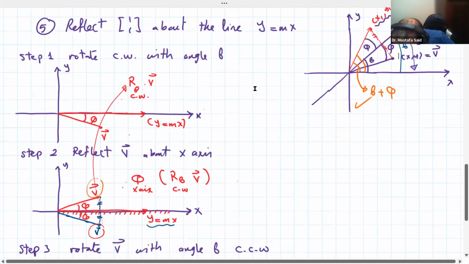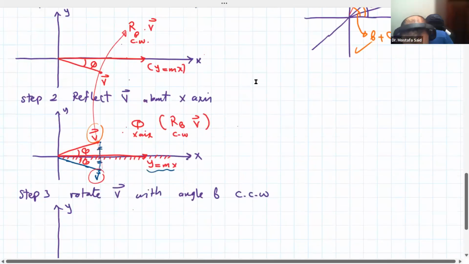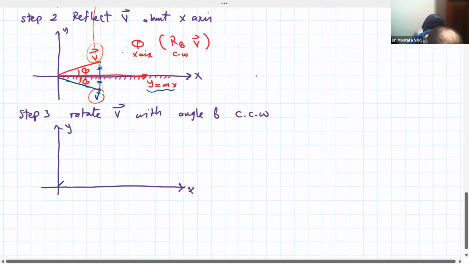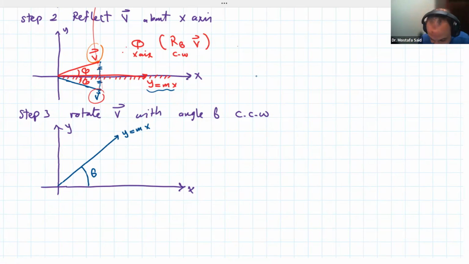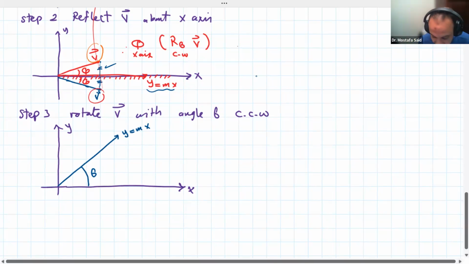So it will go to its original position. Let's write approximately. Like that. y equals mx, and that's an angle equal to theta. And this vector v has an angle phi now. In that case, it's going to add up. It's going to rotate now with an angle theta.